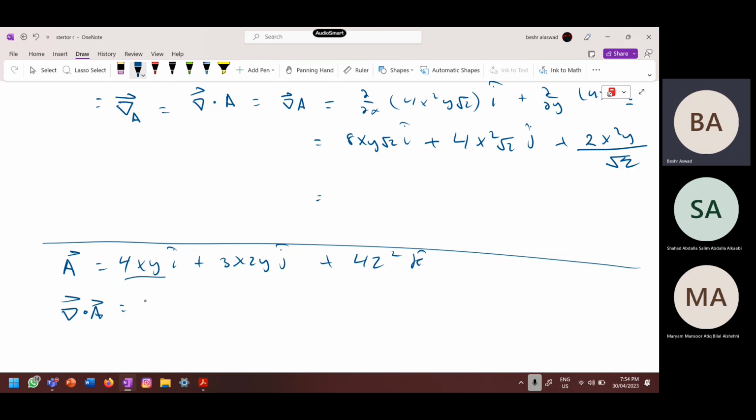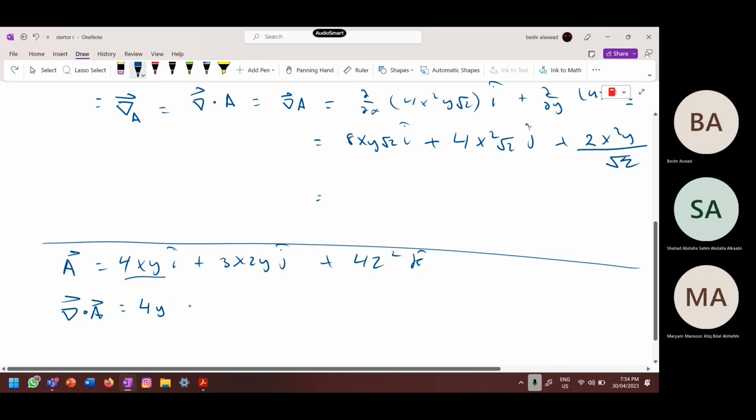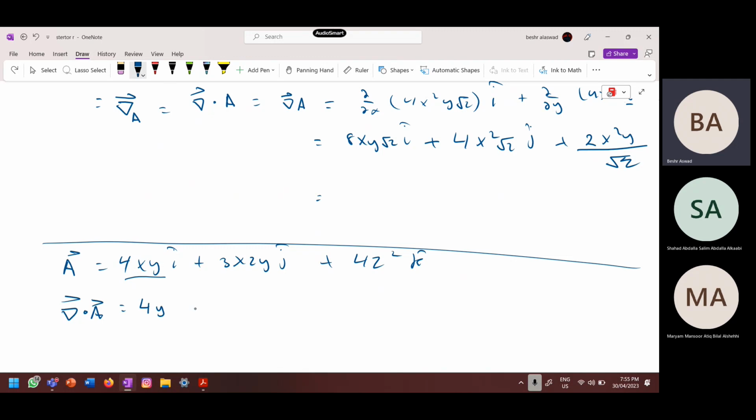Partial of a partial x for this is 4y i hat. Actually, there's no i hat here because this is a dot product. And for this, partial of a partial y is going to be 3xz.